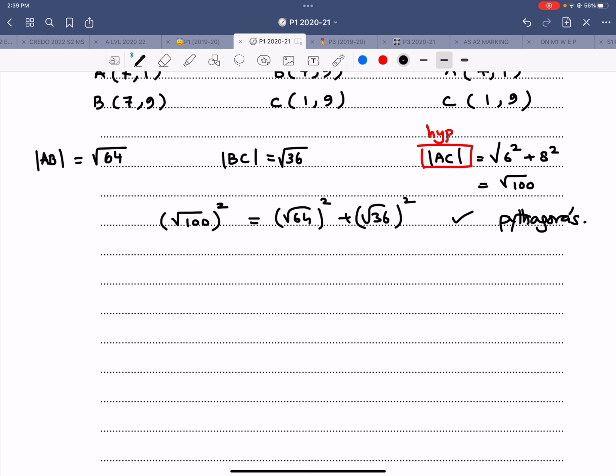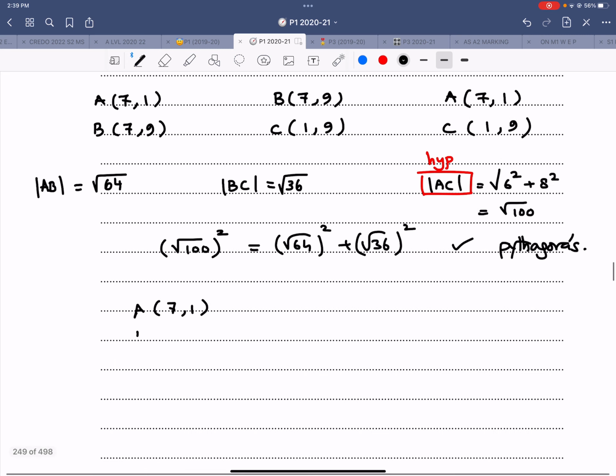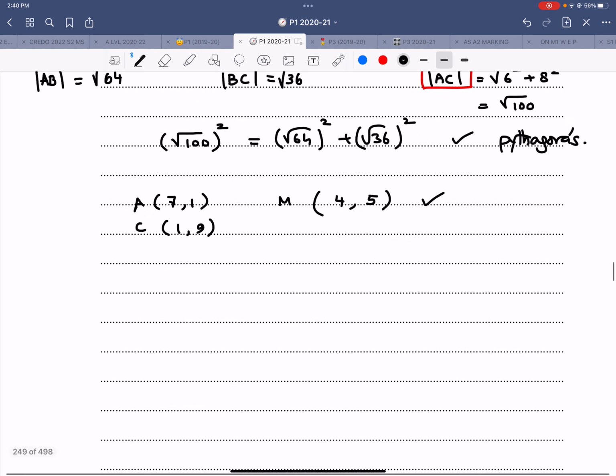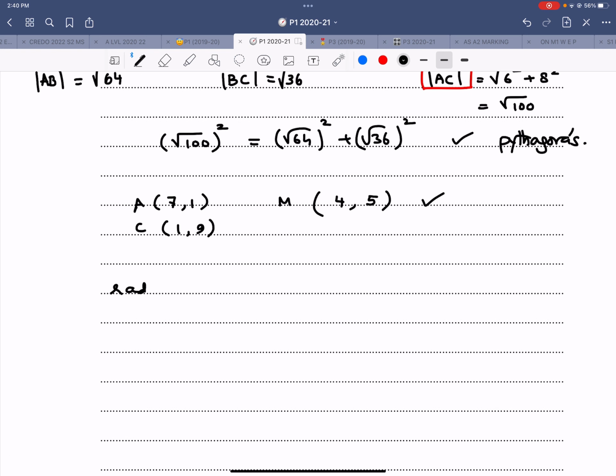So A is 7,1. Not B, C. C is 1,9. Midpoint: 7 plus 1 is 8, 8 divided by 2 is 4. 10 divided by 2 is 5. That's the midpoint. And the radius is either MA or MC.